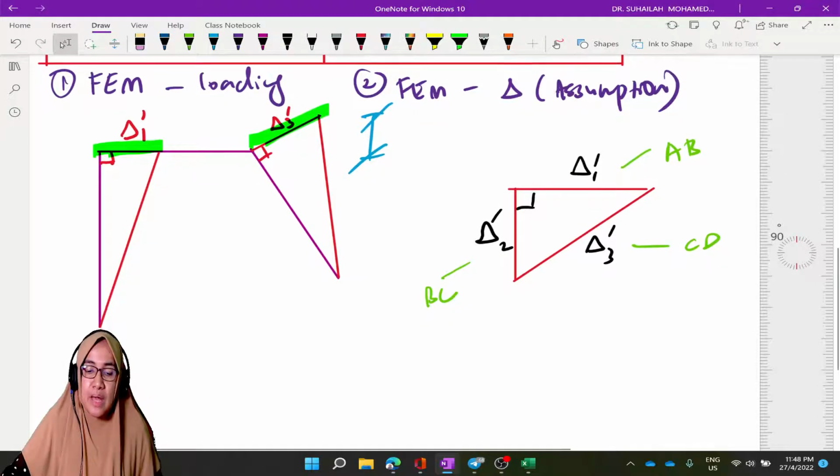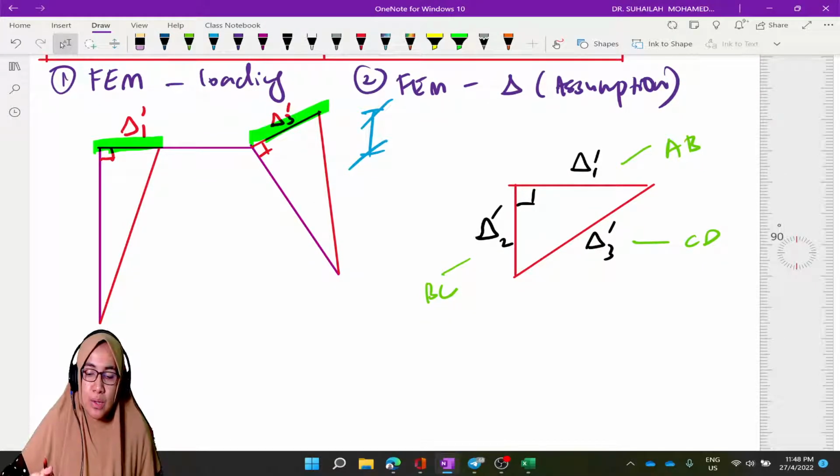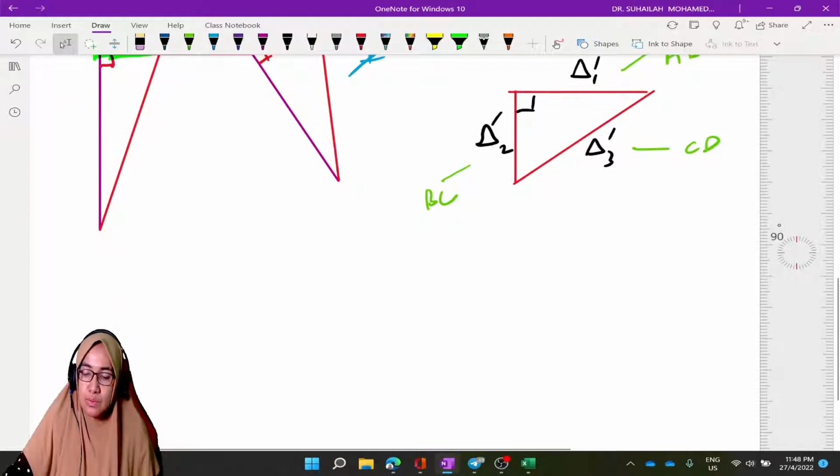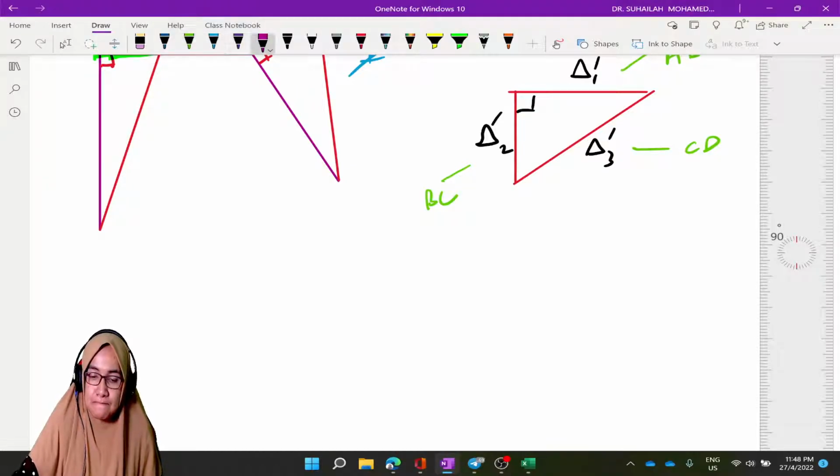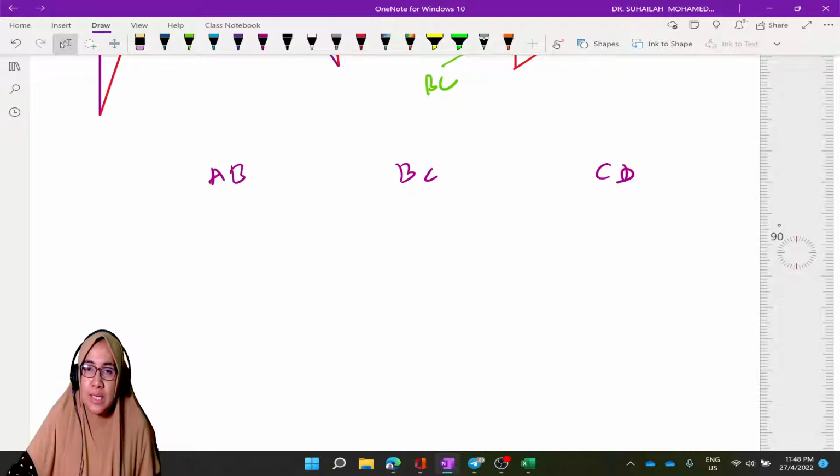So now we are going to analyze FEM. Remember, FEM we will actually do by assumption. We have columns AB, BC, CD. What is the formula?